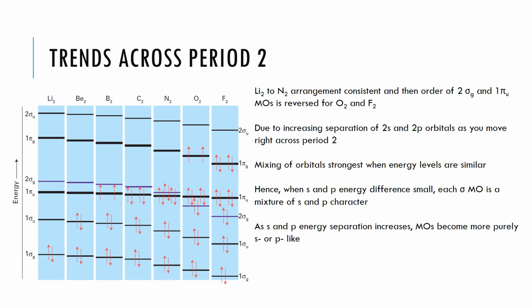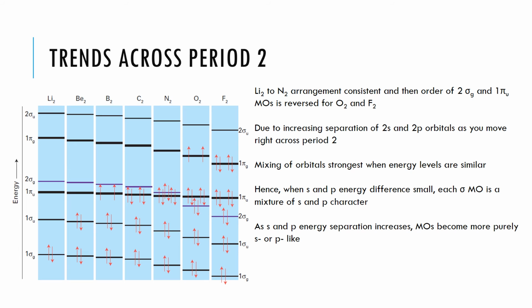Those orbitals will mix very nicely when their energy levels are very similar, and you can see that's the case from lithium through to nitrogen. So we're talking about the purple and the 1 pi u, the black orbital below it, from lithium through to nitrogen. You see that flips when we get to oxygen and fluorine. For lithium through to nitrogen, those orbitals mix very nicely, and because there's very little difference in their energy levels, each one of those sigma molecular orbitals is a mixture of s and p character.